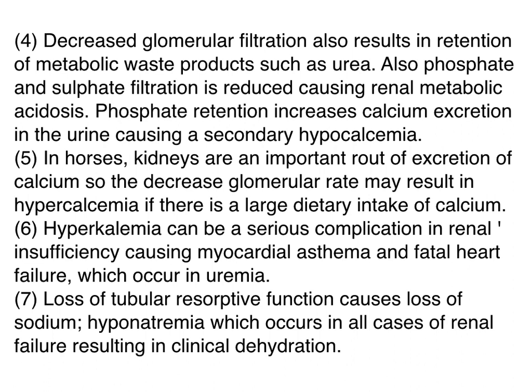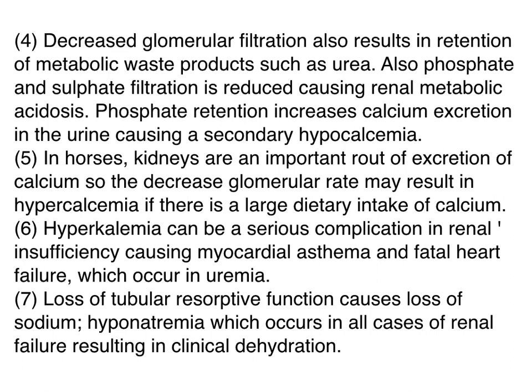Number 4, decreased glomerular filtration also results in retention of metabolic waste products such as urea. Also, phosphate and sulphate filtration is reduced, causing renal metabolic acidosis. Phosphate retention increases calcium excretion in the urine, causing secondary hypocalcemia.